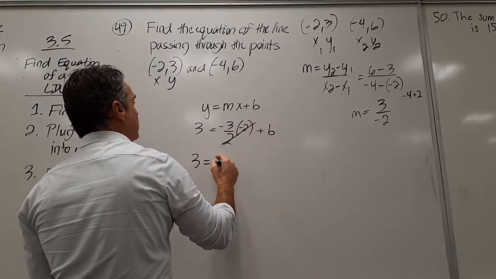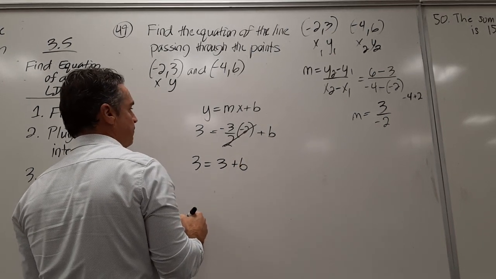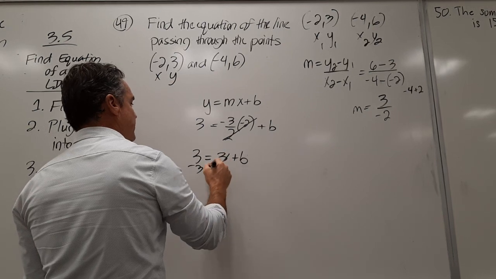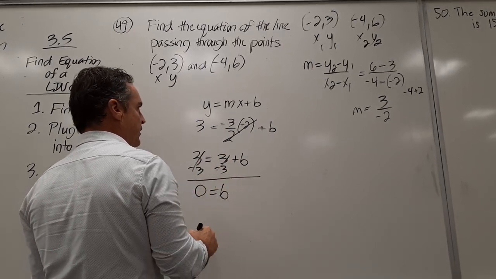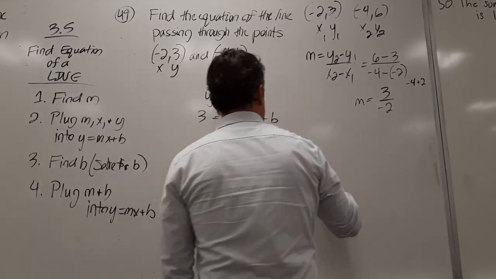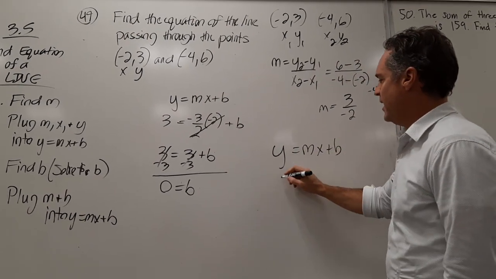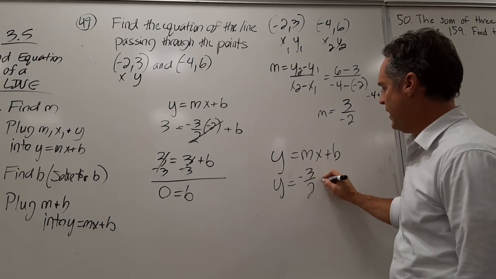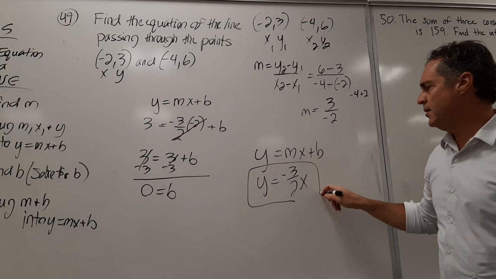So I have 3 equals 3 plus b, right? Well, we subtract 3 from each side. These cancel, and we get 0 equals b. Kind of a fascinating little situation here. Now we take our formula of y equals mx plus b, and we get y equals -3/2 x. And that's the formula because b was 0.